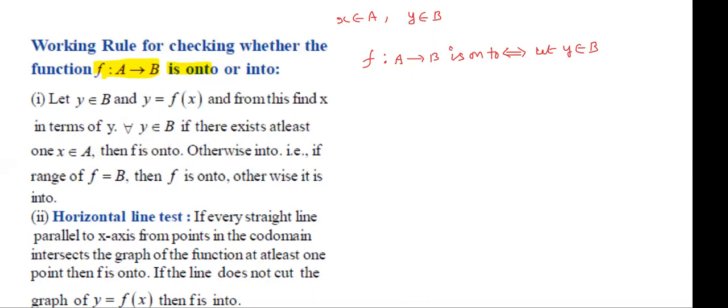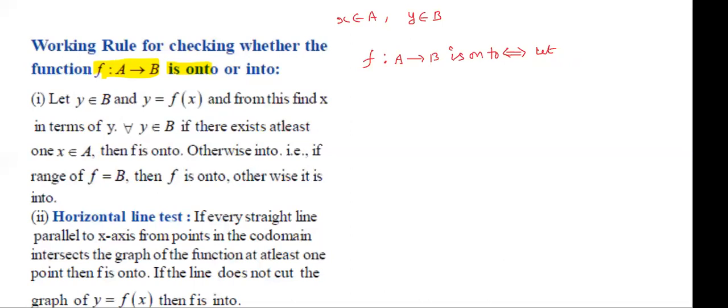So here we can write: every element in the codomain has at least one pre-image.